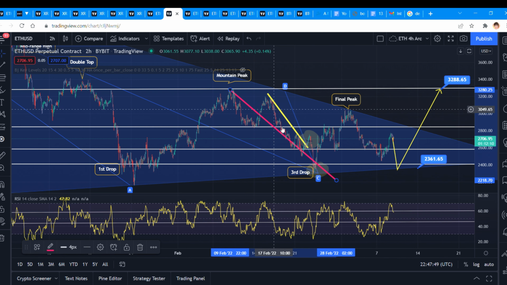Here the swing low keeps under the trend line. Here it loses a little bit of force. Here it keeps under, and it loses its center here.